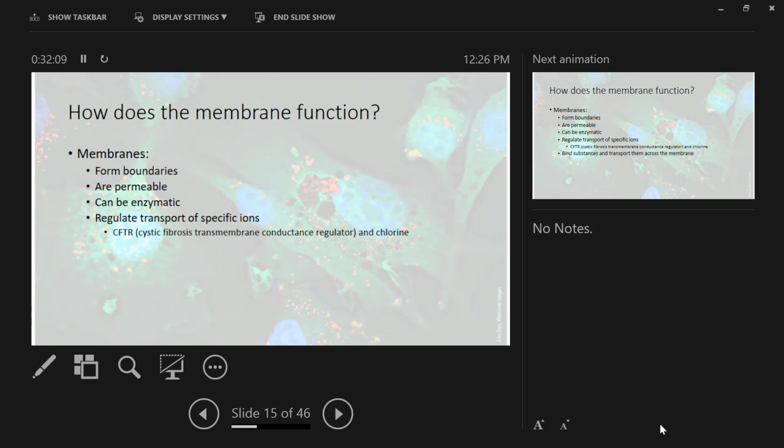And we've got a specific type of ion channel called CFTR, which stands for cystic fibrosis transmembrane conductance regulator. I don't know where the C went in the acronym, but it's not there. This allows chlorine to diffuse out of the cell when the channel opens, and that messes with the osmoregulation.